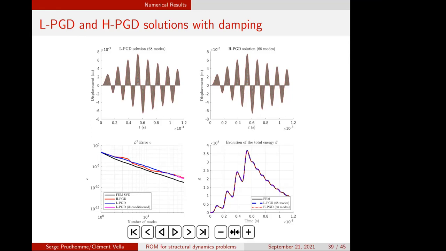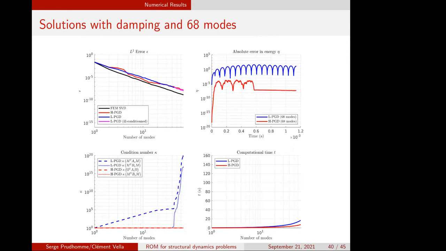No problem with that. Again, so now remember when we had no damping, the Lagrangian approach started to get bad at 65 modes. Basically, what I would like to show here is we postpone a little bit the bad behavior of the Lagrangian approach, but eventually it's going to also behave badly.